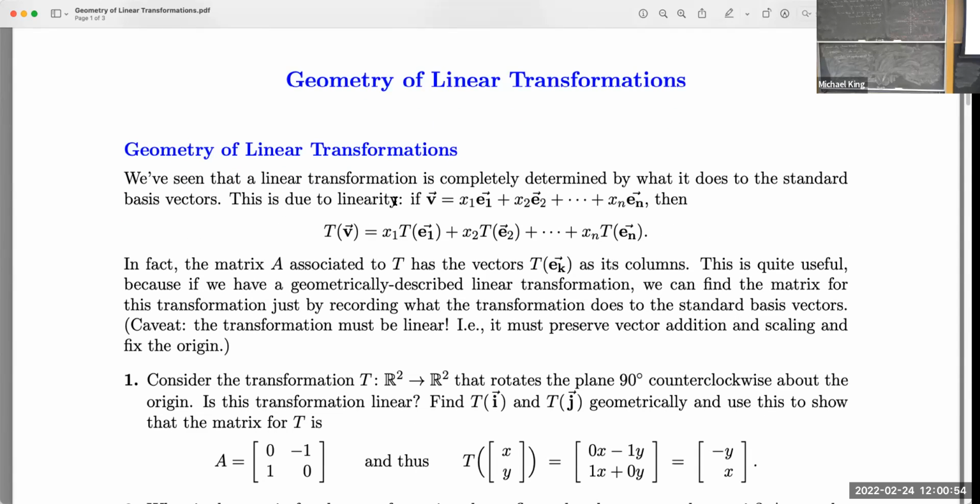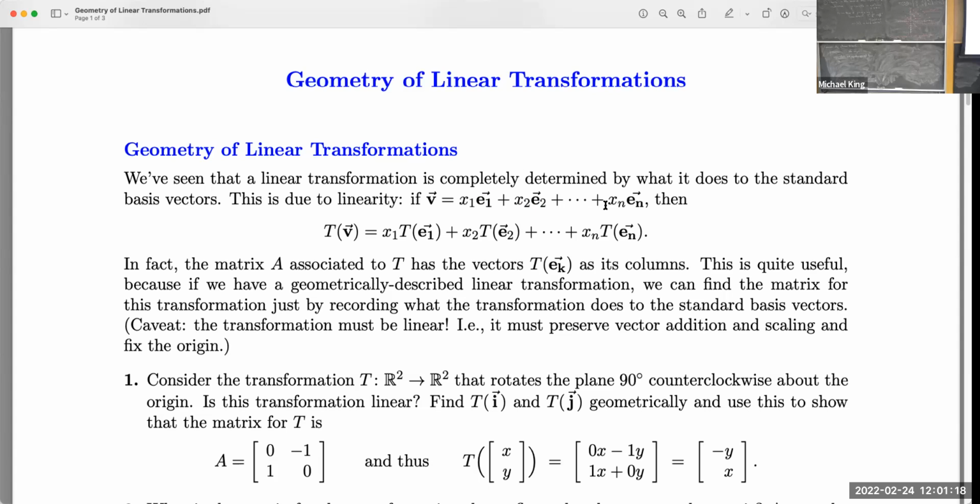It's going to come down to, and I think if you watch that video, he says the same thing: in 2 dimensions, wherever i and j go determines where everything goes, like we saw there. But in general, with n dimensions, wherever the standard basis vectors go, because you can write everything in terms of the standard basis vectors. Remember, e1 means the vector 1, 0, 0, 0, and so on.